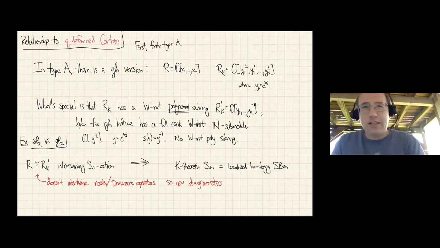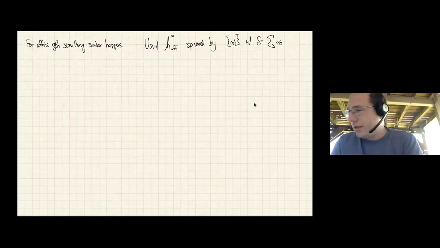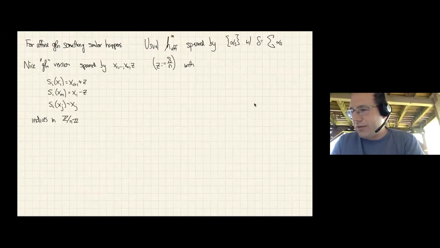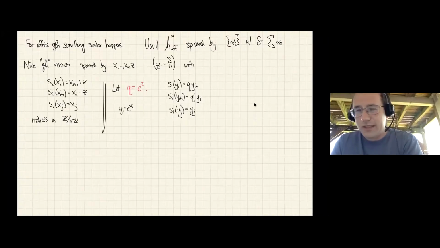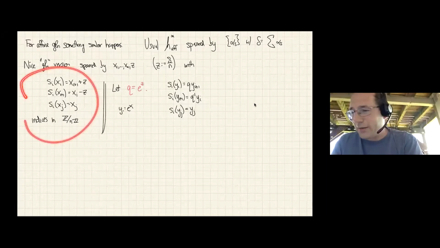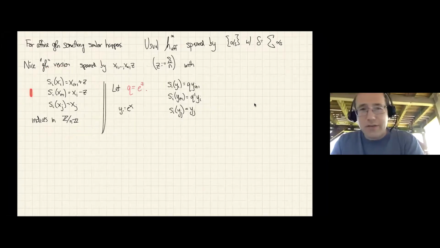So in affine GLN, you can do something similar. There is a version, I'm not going to go through the details because I'm out of time, of the reflection representation, a GLN version of the affine reflection representation with some formula. And if you do a K-theory version of that, you exactly get the GLN version of my Q-deformed Cartan matrix.